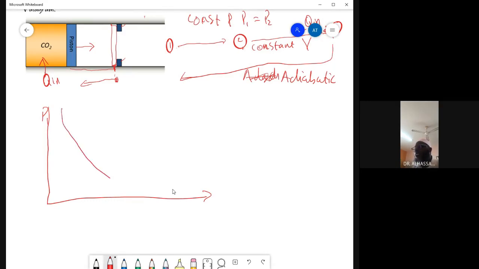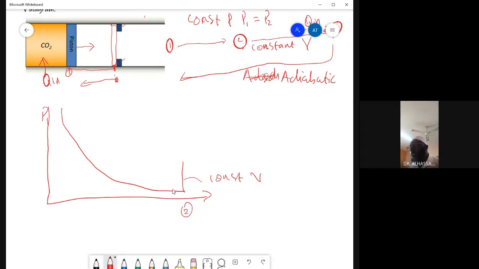So something like this. Okay? So the piston expands all the way from state 1 up to state 2. This is the expansion. And then from 2 to 3 is constant volume. Volume now will not change. This is constant volume. Constant what? Volume.